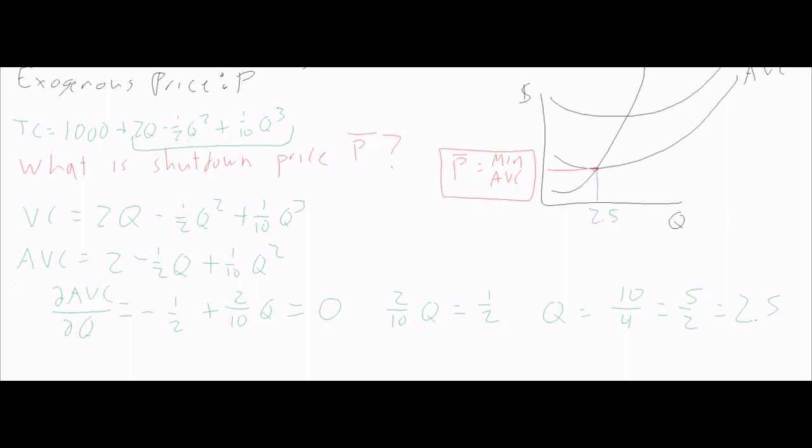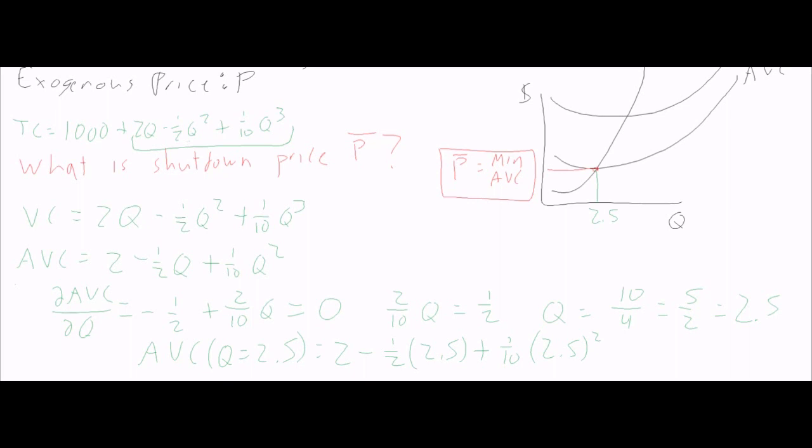We haven't answered our question yet of what's the price, the shutdown price, but we do have the Q associated with it, which means now we can just plug that Q into the average variable cost function. Average variable cost when Q equals 2.5 is equal to 2 minus 1/2 times 2.5 plus 1/10 of 2.5 squared.